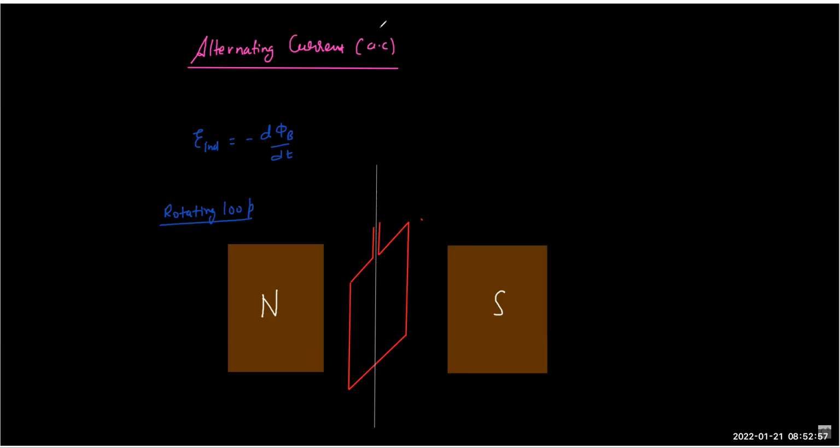So this is the axis of rotation. And let's say we have the magnetic field which is uniformly created everywhere. This is a three-dimensional thing actually, we just imagine it like this.